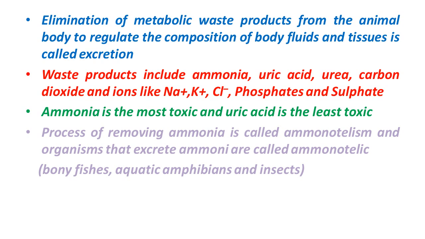Commonly, these substances are nitrogenous waste. Ammonia, urea and uric acid are the major forms of nitrogenous waste excreted by animals. If we compare all three types of excretory product in different types of animals, in some animals it is ammonia, in some animals it is urea and in some animals it is uric acid.